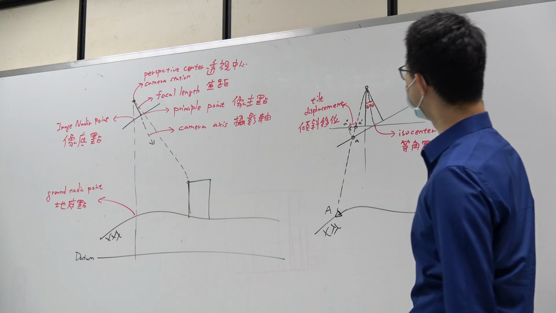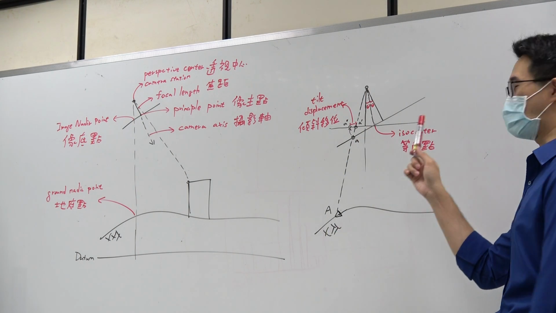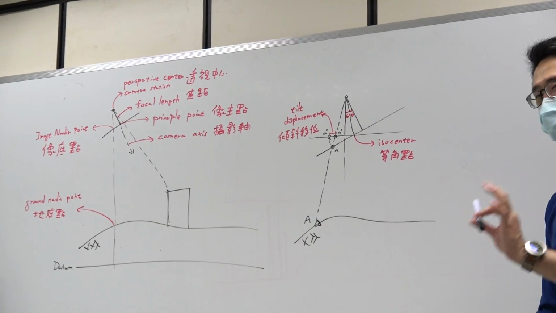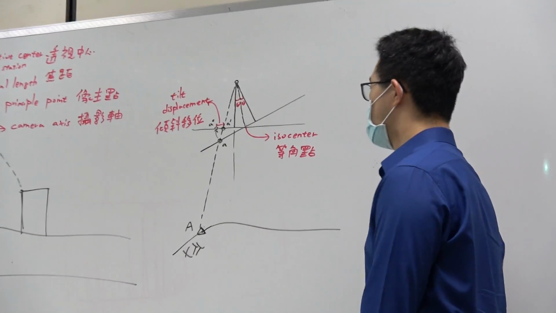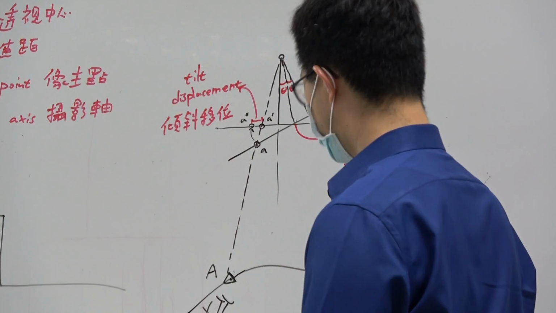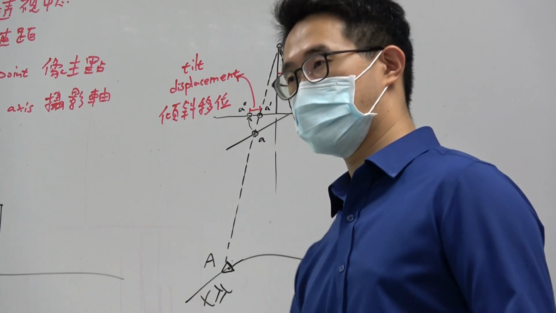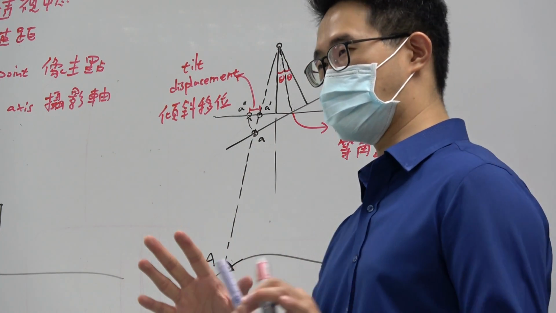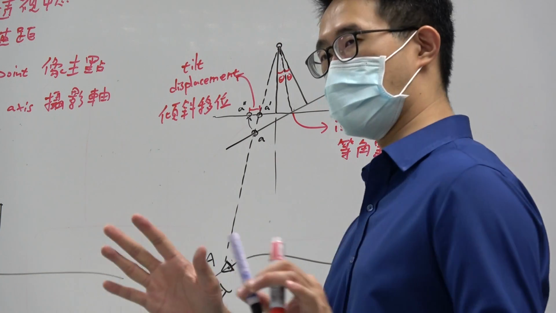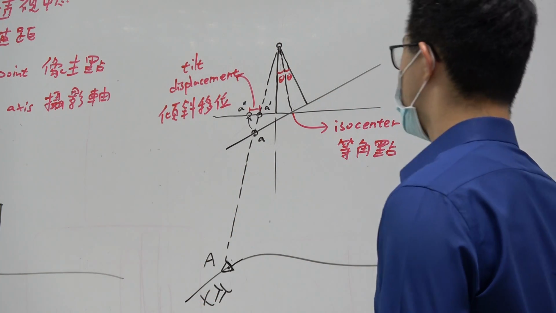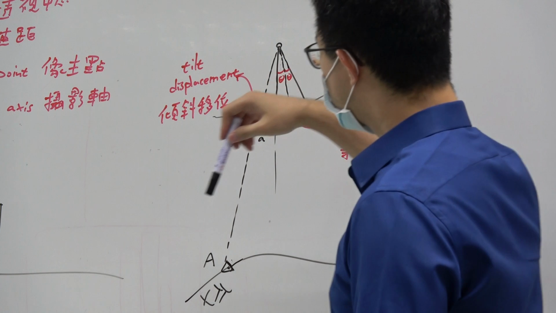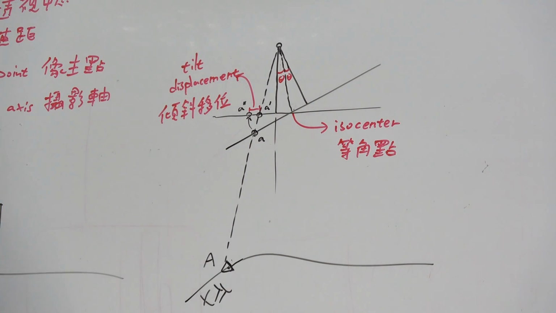So let's take a look at this part. It's just a little bit complicated. If you are writing, pay attention first. Right now, as you can see, here is the tilt photo.